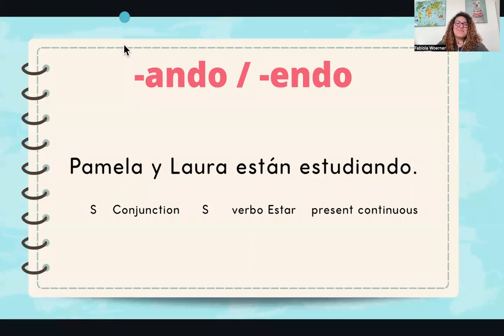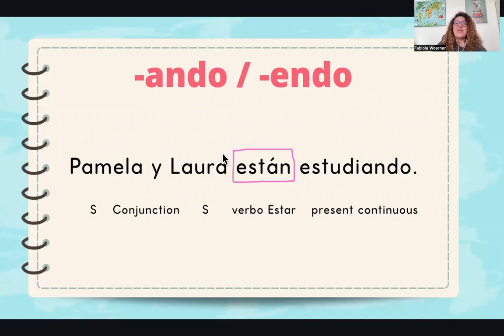Another example here. We have Pamela y Laura están estudiando. Let's break it down. Let's go part by part. First things first, let's look at our verbo to be. Here it is. We're going to mark that. And we have están because we can look at our subject.